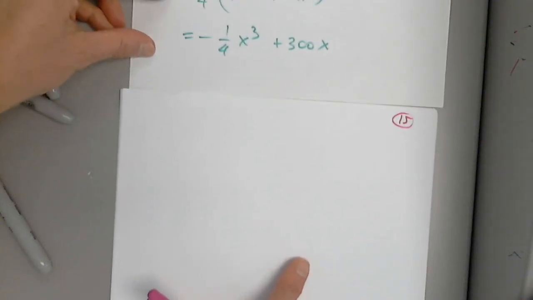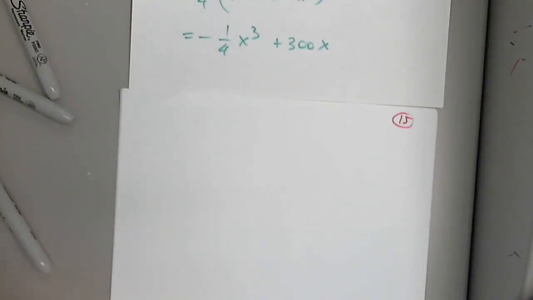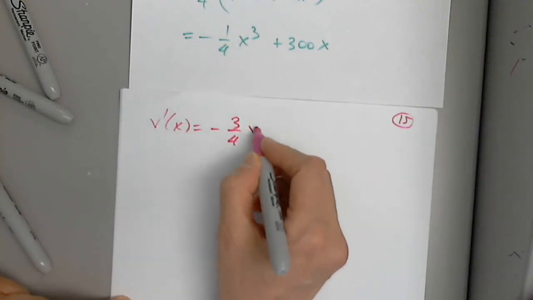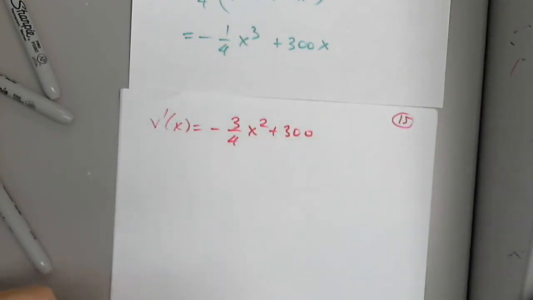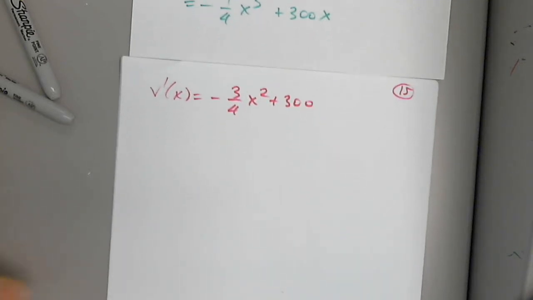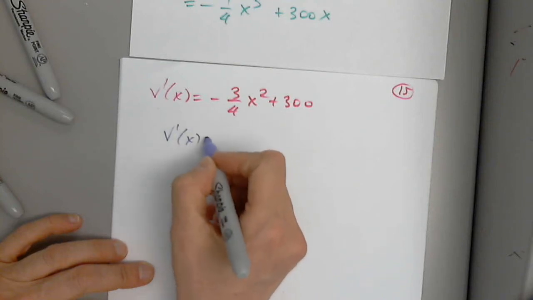So what do we need to do next? Find the critical number. Very good. So we have to find v prime, which will be negative 3/4 x squared plus 300. Of course, this function will always be defined. There is no such thing as a cubic function not being defined. v prime is a quadratic function, always defined, but v prime could be 0.